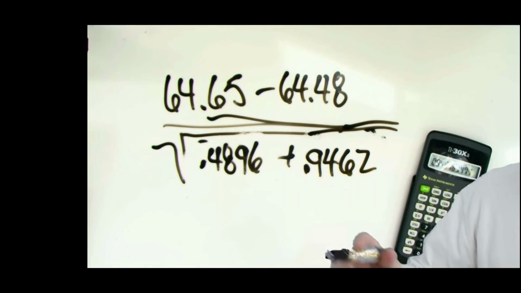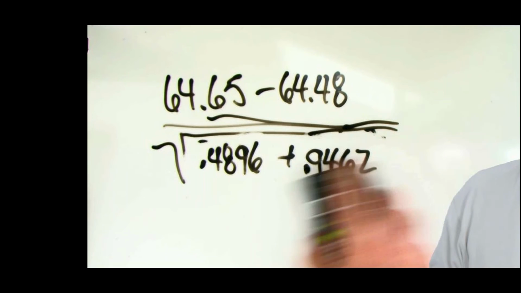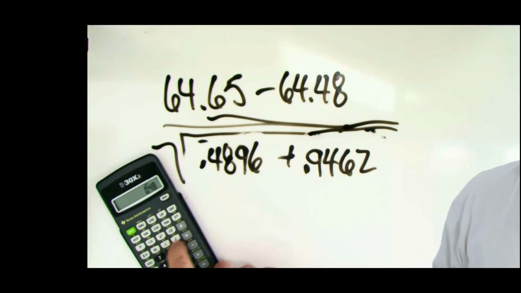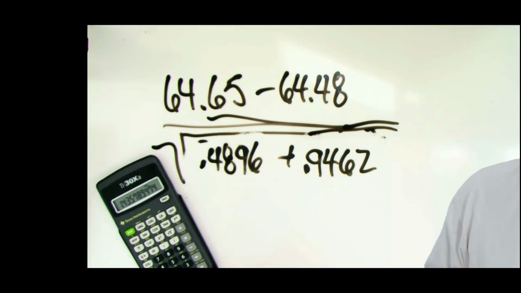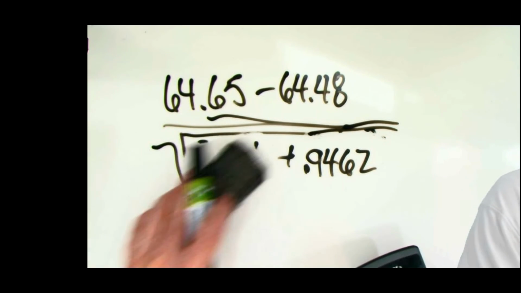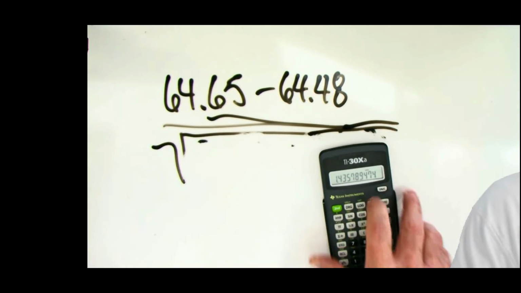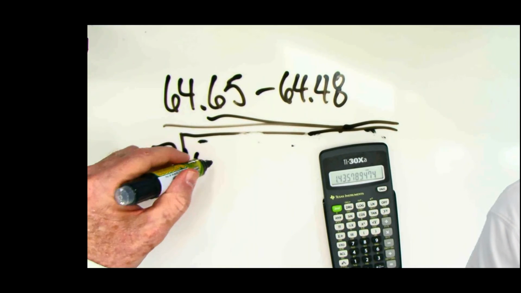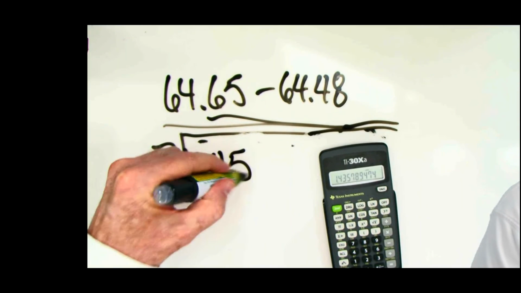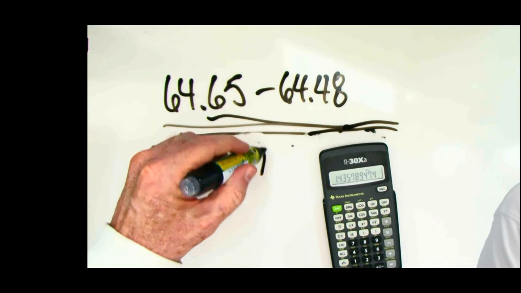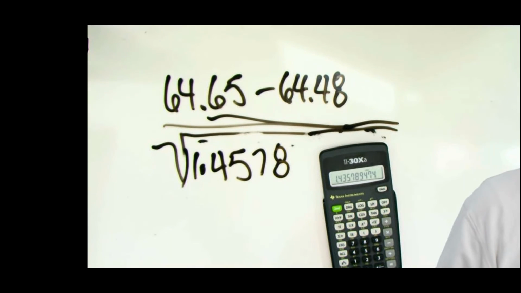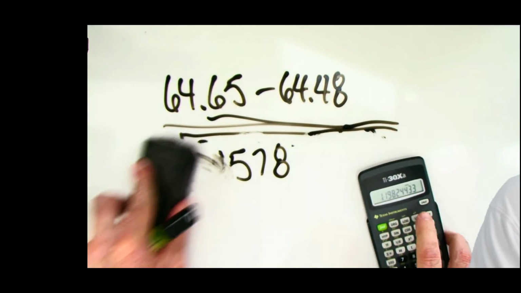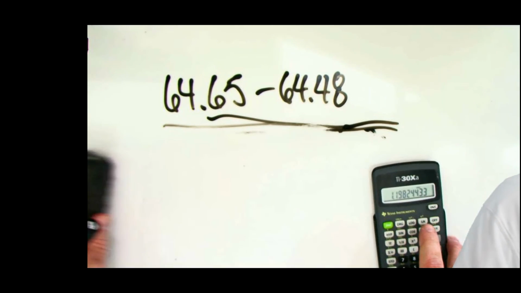Okay, then I'm going to add those two together. Equals 1.4579. Then I'm going to take the square root. It gets me to 1.198.